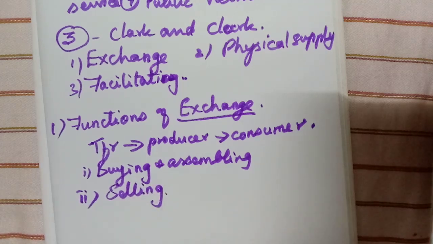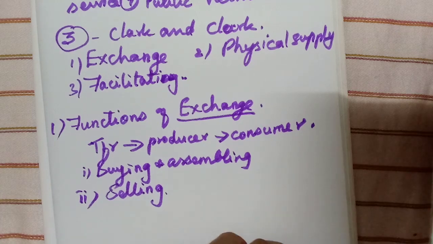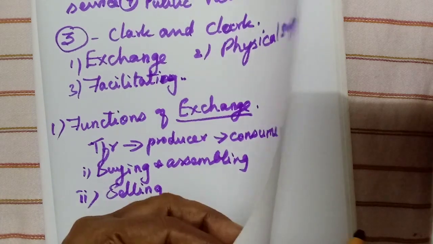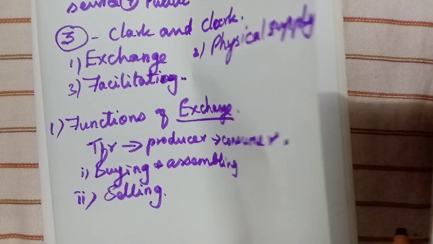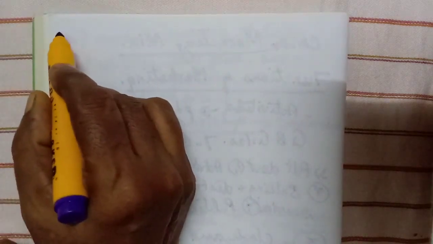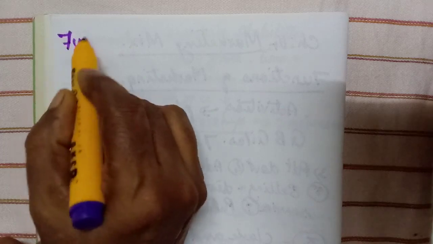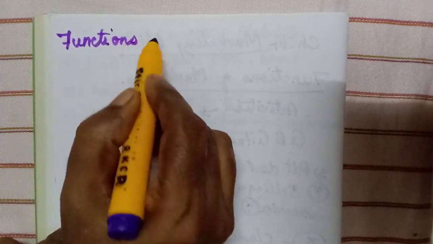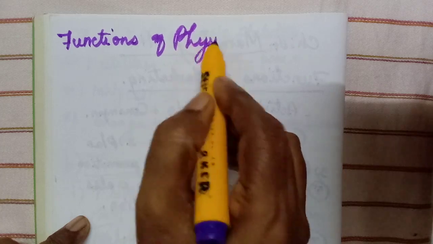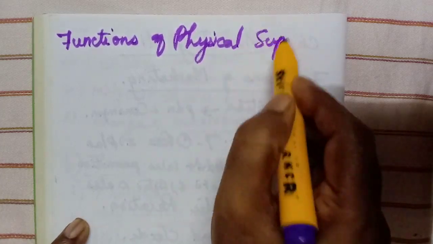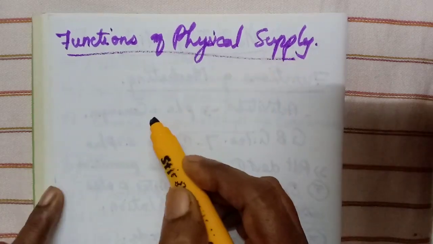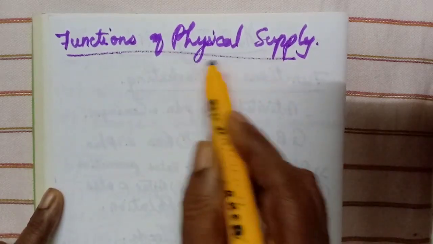Then the second one, functions of physical supply. Here they have to supply the goods.